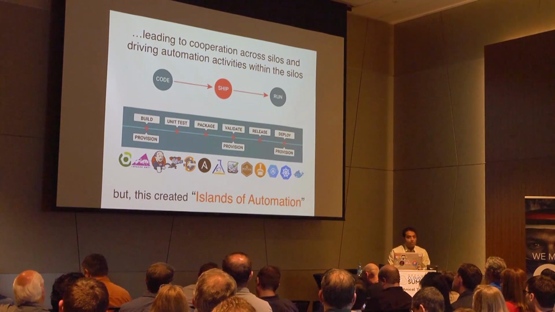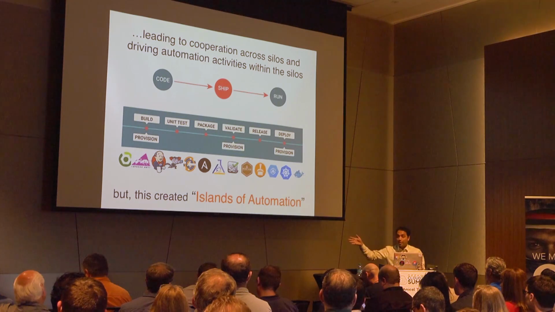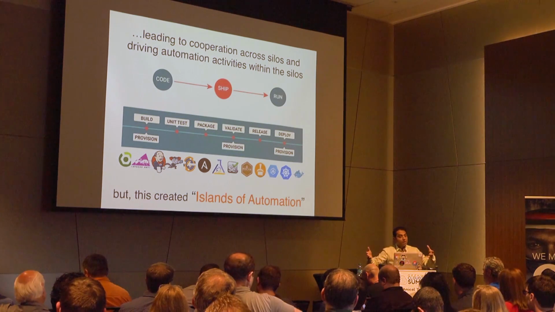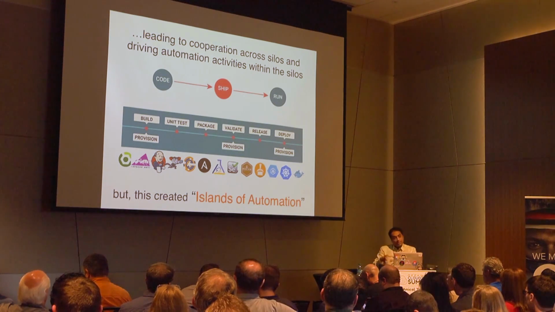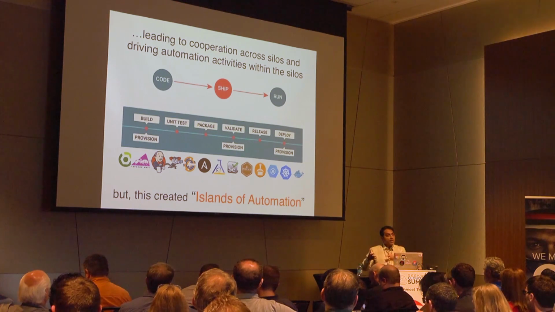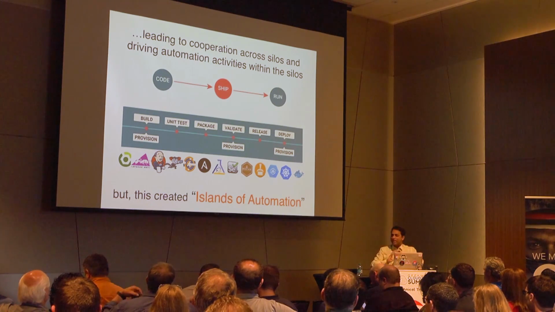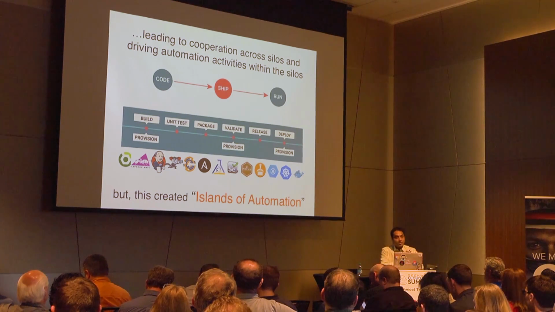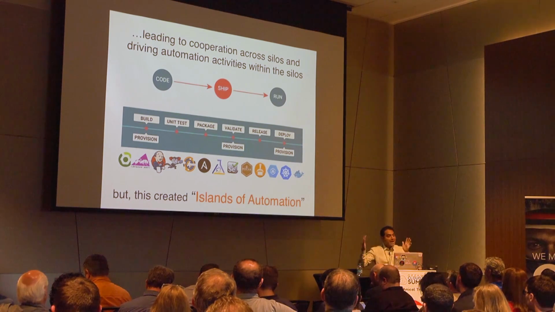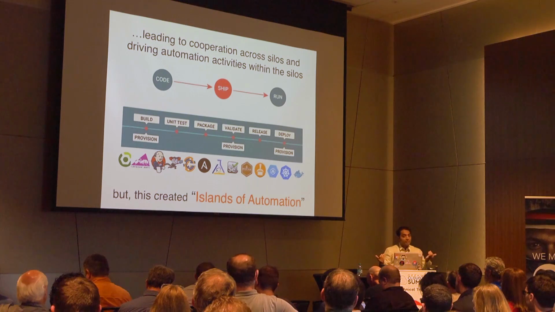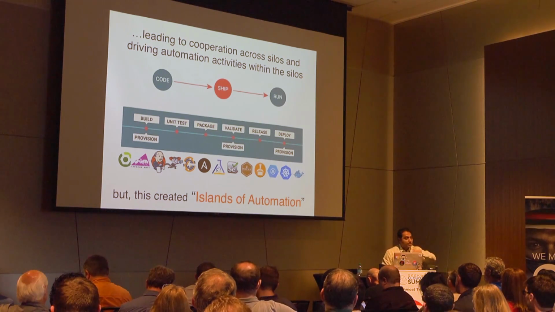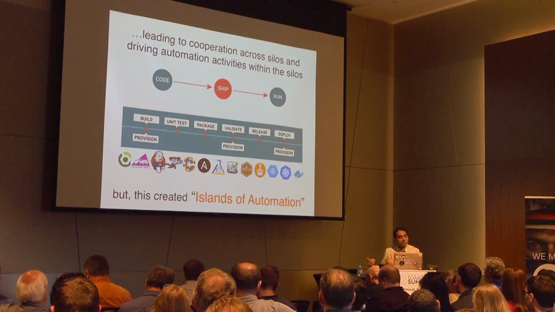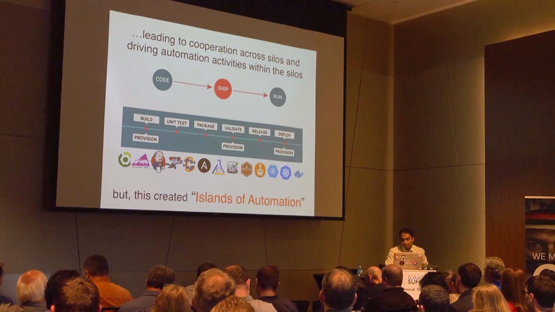If you want to do networking operations, there are probably 10 tools for networking. So this is where the problem starts: all of these different teams are automating things in silos. And there is complete automation in that silo, but nothing happens the moment you switch to the next silo, because that handoff is by cooperation. I'll define what cooperation is from at least my perspective and the Webster's perspective, but for now it's cooperation.